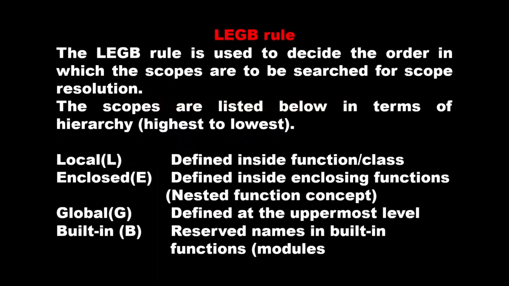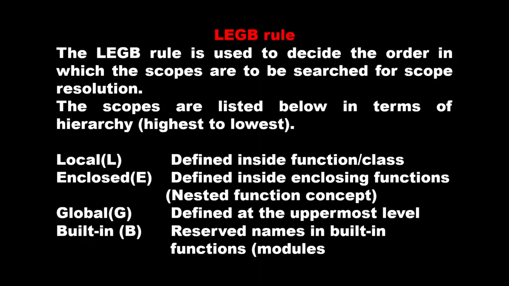LEGB rule. What is LEGB? L stands for local, E stands for enclosed, G stands for global, and B stands for built-in. The LEGB rule is used to decide the order in which the scopes are to be searched for scope resolution. There are many scopes we use in our programming languages, like local, enclosed, global, built-in.